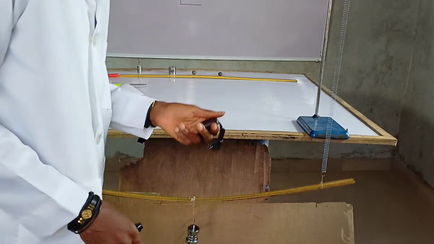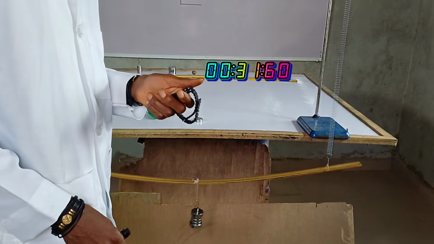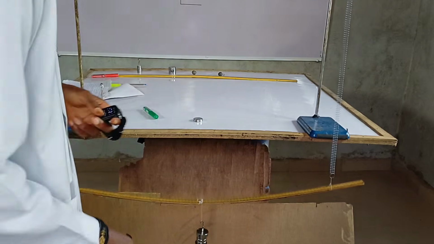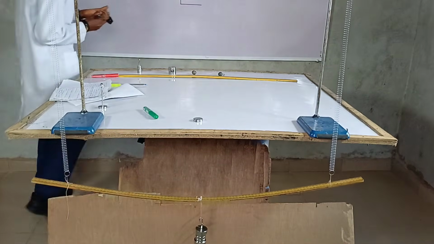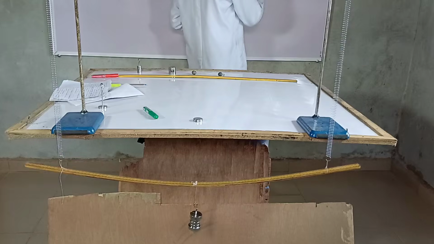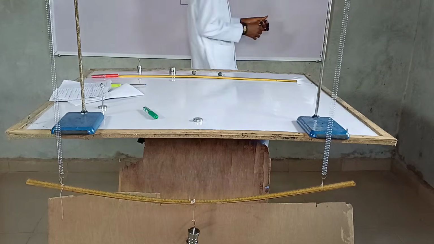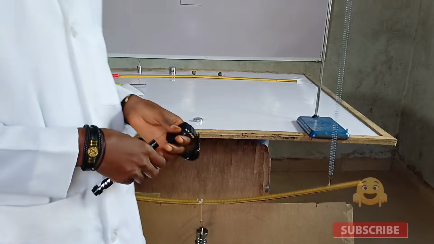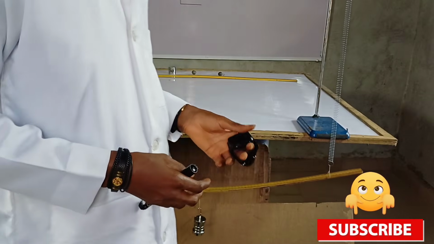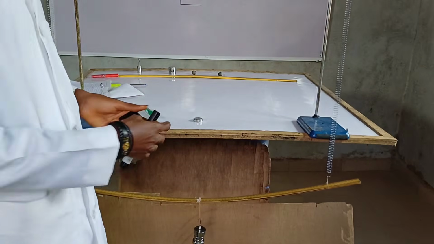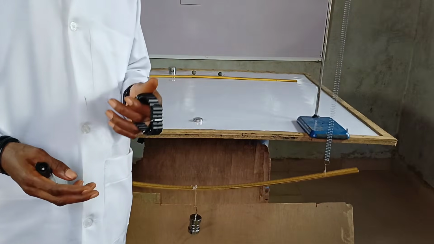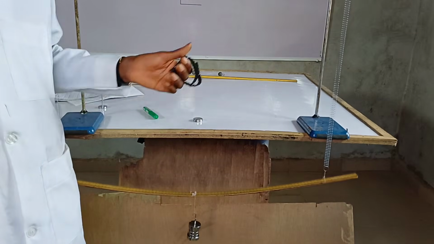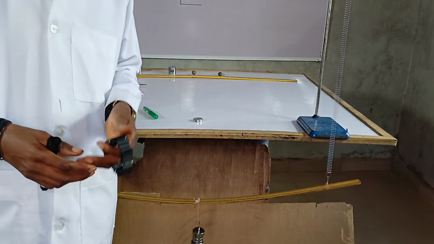So here we have 31.60. So we can see that this experiment is very easy to carry out. Okay, so all you need to do is to take your reading from the stopwatch as you carry out 20 oscillations or 10 oscillations, as the case may be, for your exam.